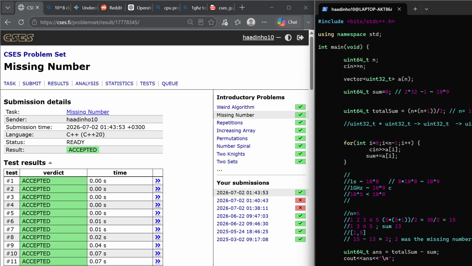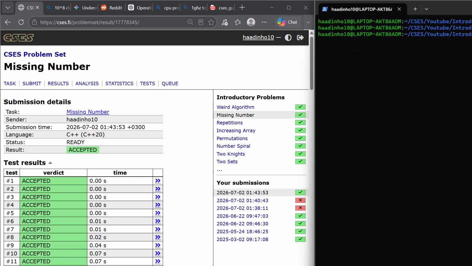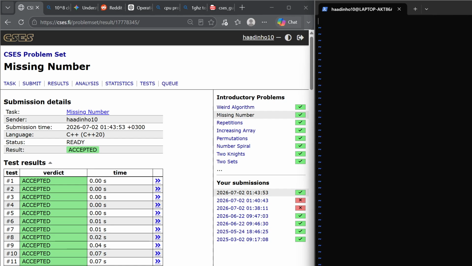So I'm saying that the sum of the first n natural numbers is n into n plus 1 by 2.